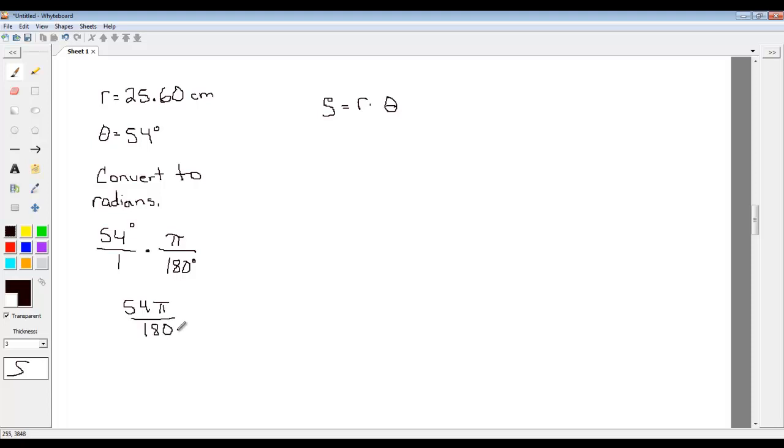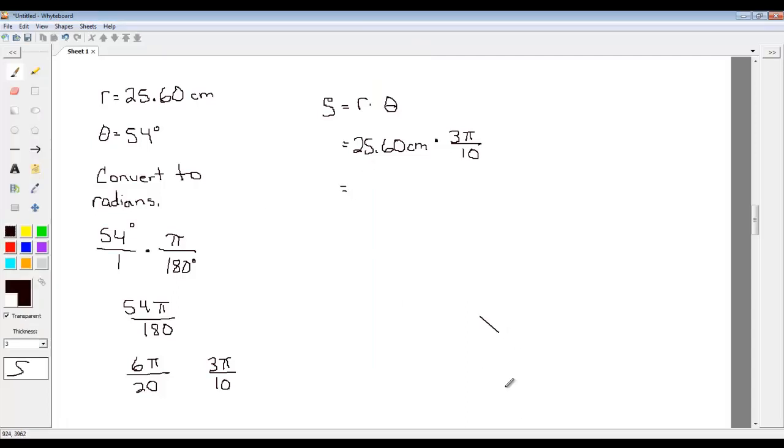You want to go ahead and reduce that. 9 times 6 is 54. 9 times 20 will give you 180. That'll reduce further to 3 pi over 10. Okay, so we can take 25.60 centimeters times 3 pi over 10 radians and see what that gives us.